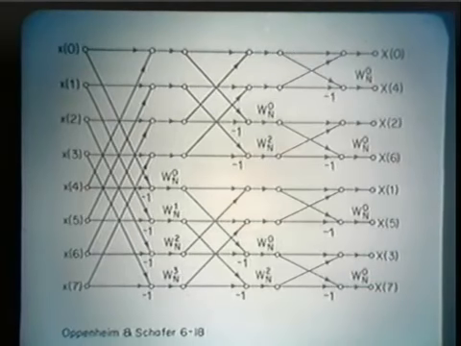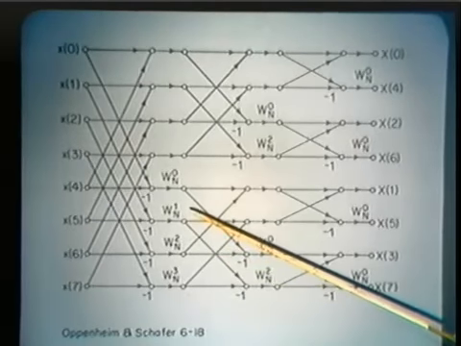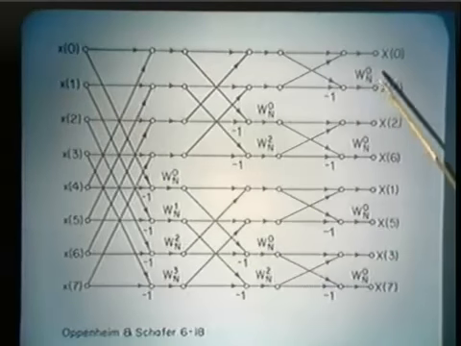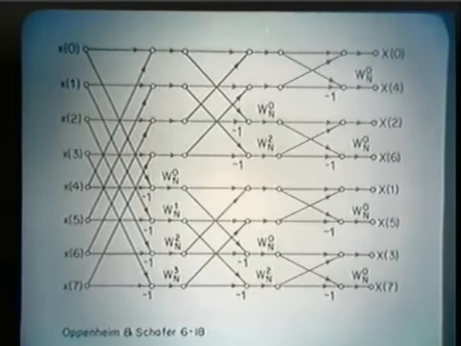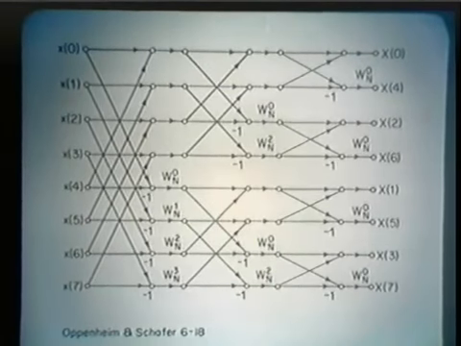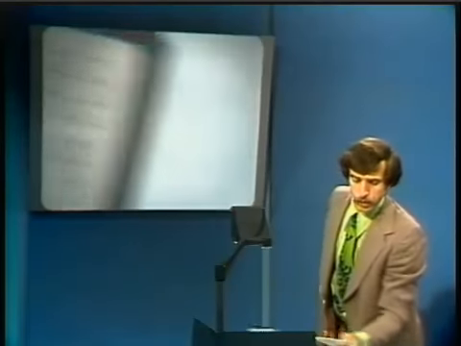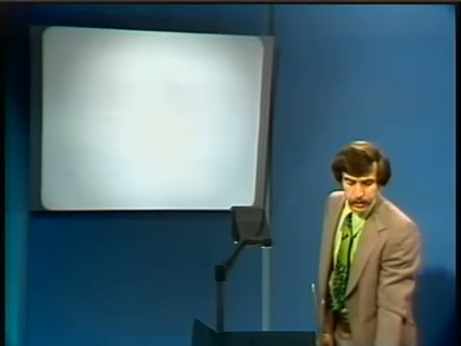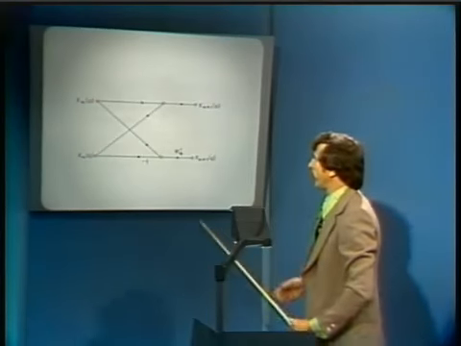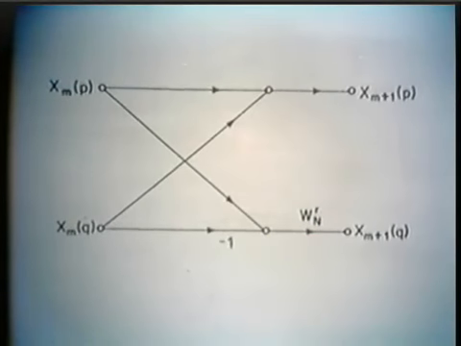In many respects, in fact, it looks somewhat like the decimation in time form of the algorithm when we sorted things such that the input was in normal order and the output was in bit reversed order. In fact, there is a difference between this class of algorithms and the decimation in time form of the algorithm. One difference that I would just draw your attention to quickly is the fact that the butterflies in the decimation in frequency form of the algorithm, as we've just been talking about it, involve additions and subtractions.